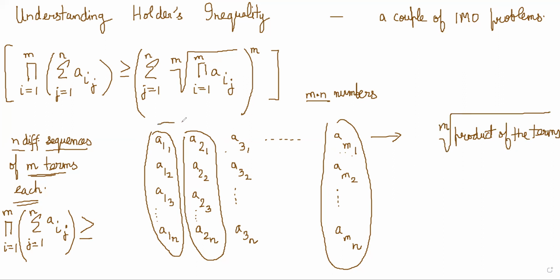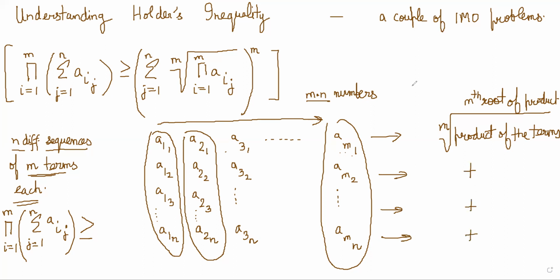Notice that there are m terms in each row, so you're doing the mth root of the product, and you do that for every row, then take a sum of those, and finally raise the whole thing to the power m.